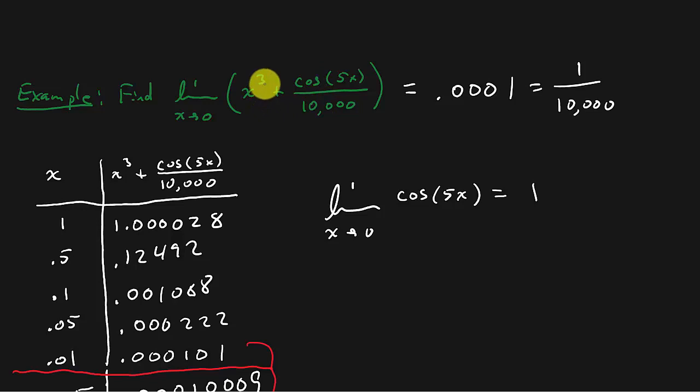And then we'll also see that the limit as x goes to 0 of x cubed is 0, and so you'll actually have 0 plus 1 over 10,000, which is just 1 over 10,000. Some of you watching the video may know how to get that already, but for those of you that don't, that's in the next video, the next section.